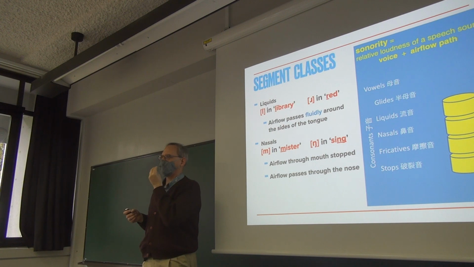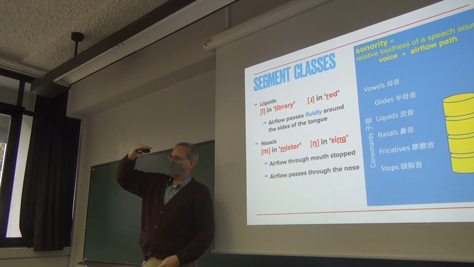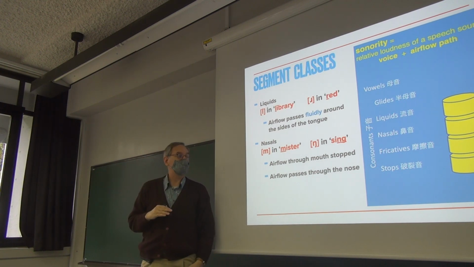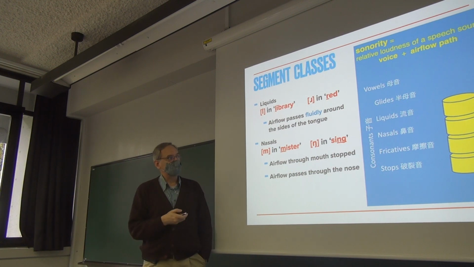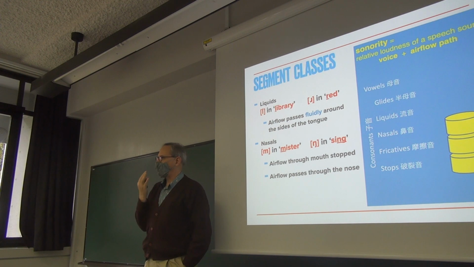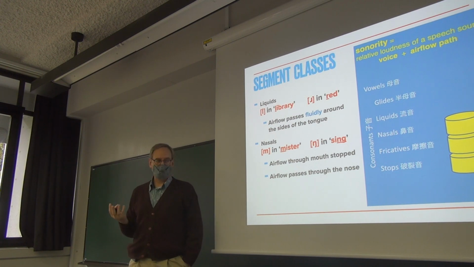No air or voice passes through the mouth, but at the back of the mouth, we'll look at it later, the velum lowers, allowing the voice to travel through the nose. That's nasals, and nasals have a little less sonority. Because there's no airflow through the mouth at all, they don't produce as much sound as liquids do.